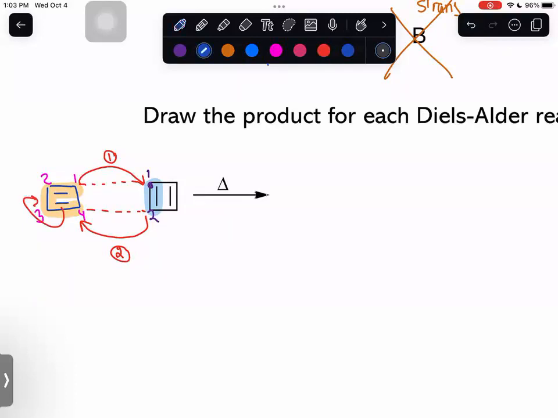So at the end, we're getting a molecule that looks like this. We have our 2 new bonds in here. And there we go. So far, questions on how we got to that product?